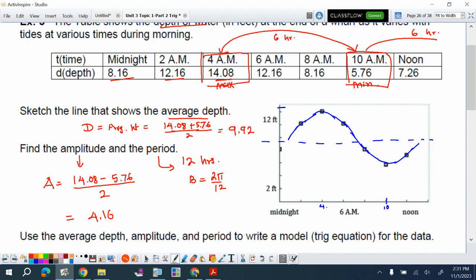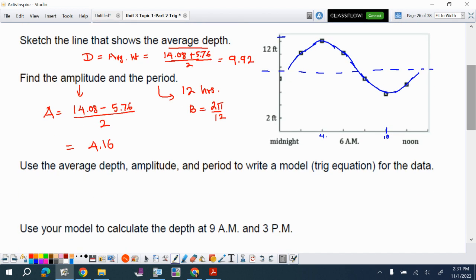So to write the equation, we can write either from the maximum or from the minimum. So let's write the maximum equation. I would say f of x, or you can say y, equals amplitude 4.16.